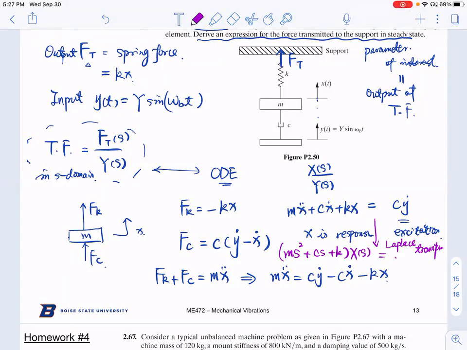On the right-hand side, you have cs Y(s). Moving things around, you would have cs over ms squared plus cs plus k.